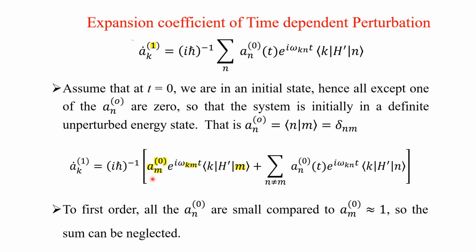So only this term exists. All other terms in the summation will be 0. That is, when n is not equal to m, this summation will be 0, so you can neglect it and you will get only the first term. Particularly here, we have taken am of 0 is approximately equal to 1. That is, the maximum contribution is only from this coefficient.